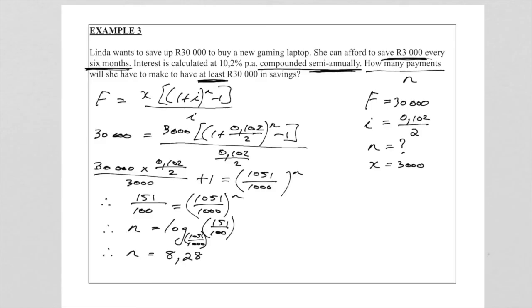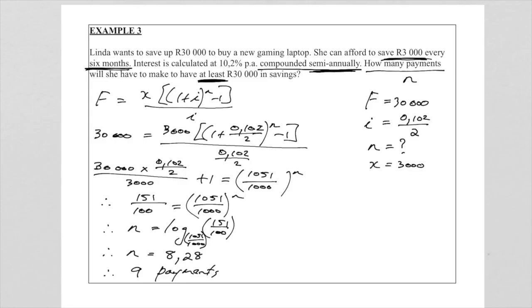And that is why the question, you can see it said at least 30,000. So she's even happy if she saves a little bit more. So what do you think? How many payments is she supposed to make? And I hope you agree she must make 9 payments.